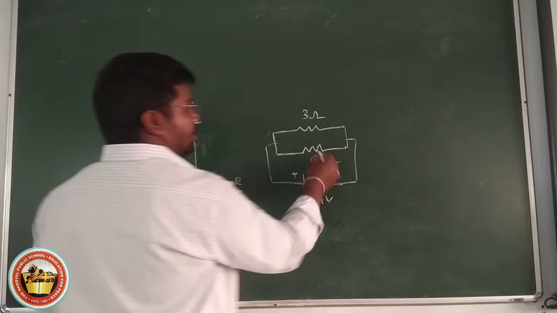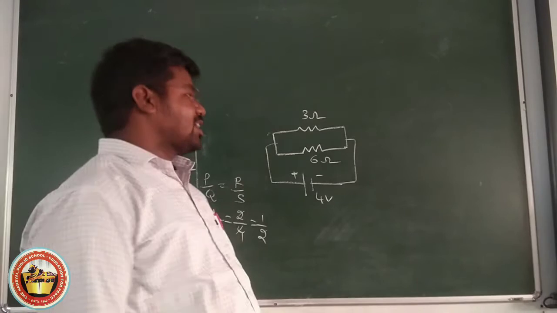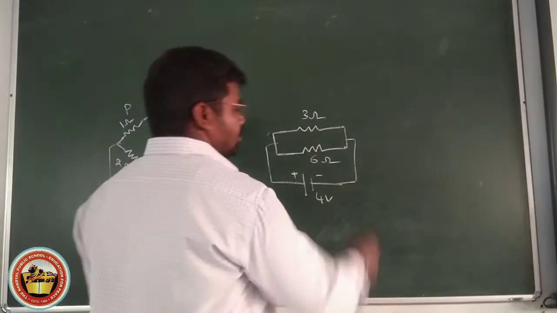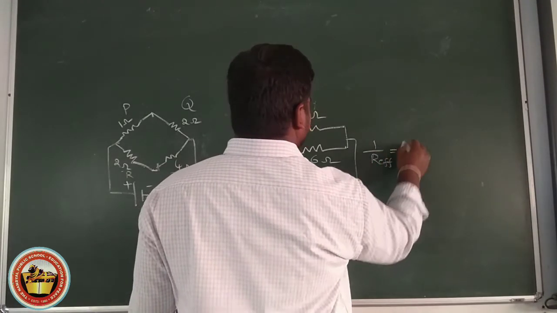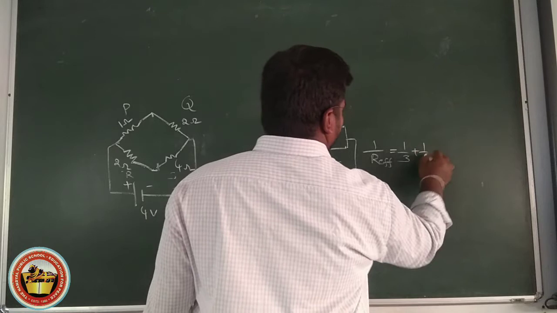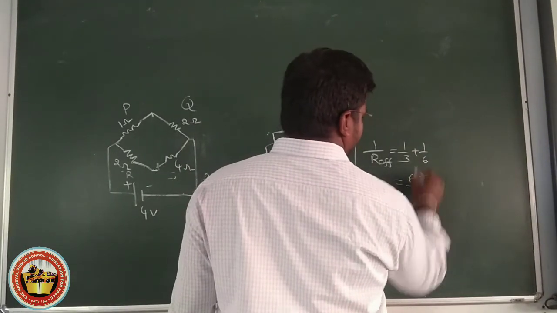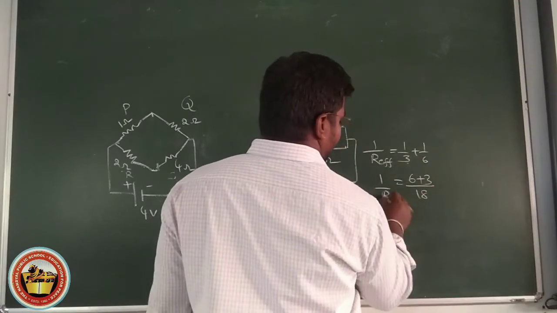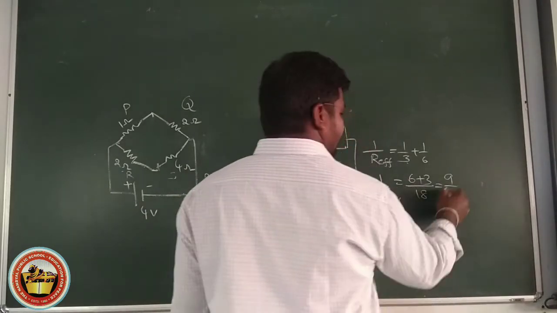Now, these 3 ohms and 6 ohms are in parallel connection. How can we find the equivalent resistance? We know the formula: 1 by R effective is equal to 1 by 3 plus 1 by 6, which is (6 plus 3) by (3 into 6), 9 by 18.